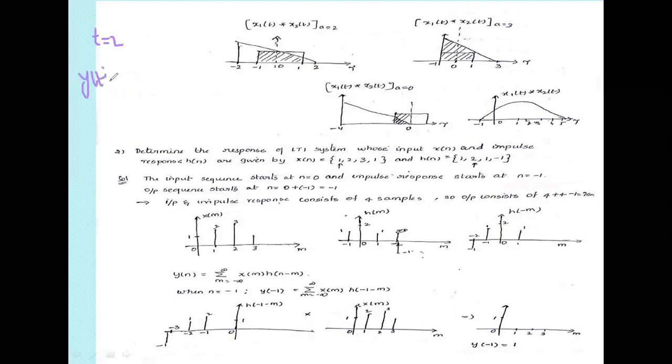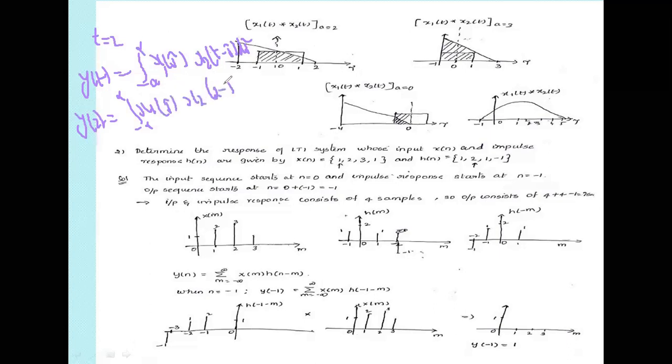The y of t is equal to the integral from minus infinity to infinity, x1 of tau, x2 of t minus tau, d tau. We need to find it at t is equal to 2: integral from minus infinity to infinity, x1 of tau, x2 of 2 minus tau, d tau. Taking the minus common, x2 of tau minus 2.